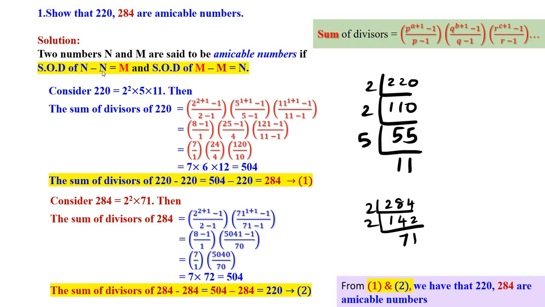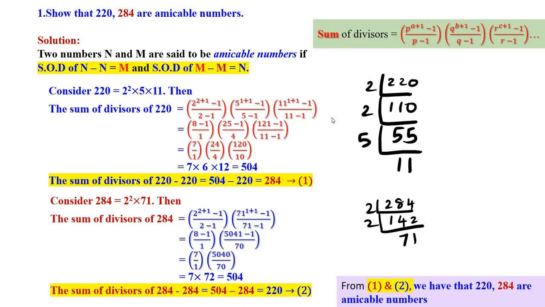Sum of divisors of n minus n should be m, and sum of divisors of m minus m should be n. Now we consider 220, which we can write as 2 square into 5 into 11. We know the method to write this as a product of prime powers.